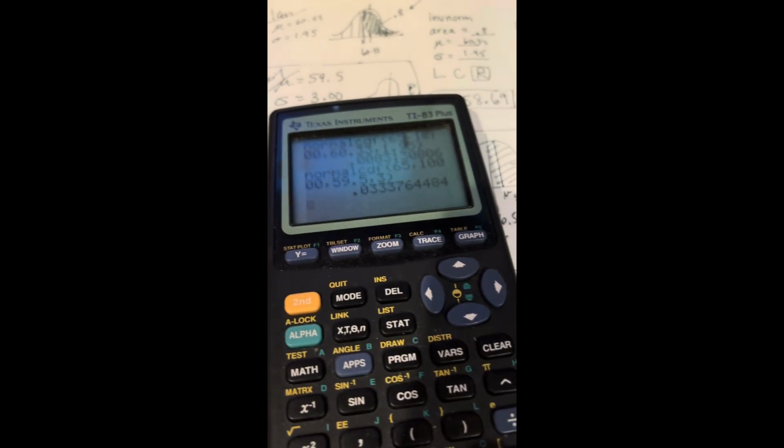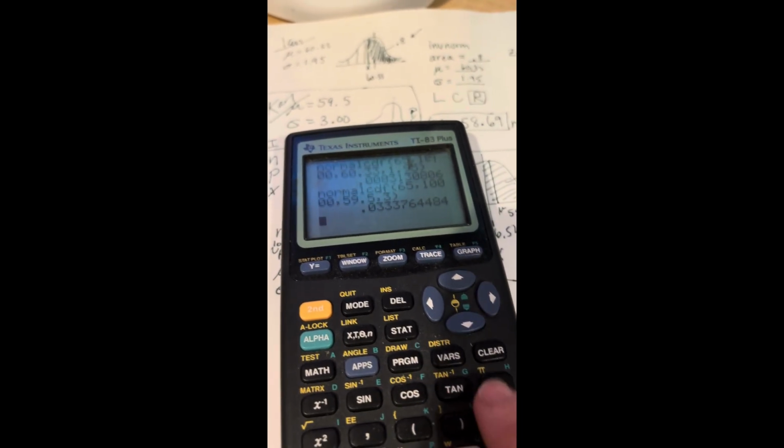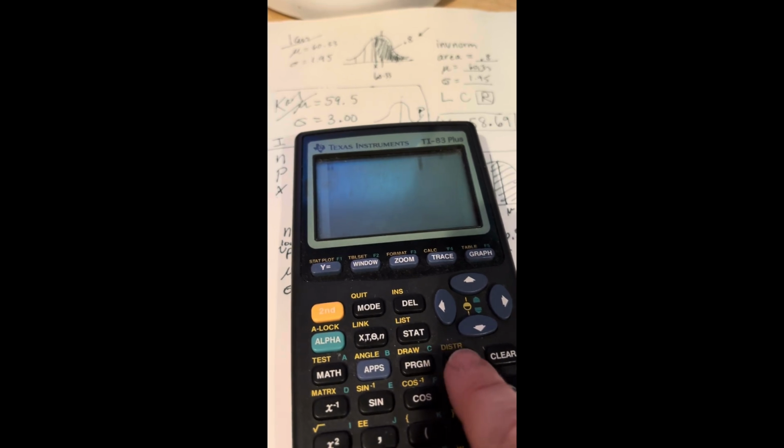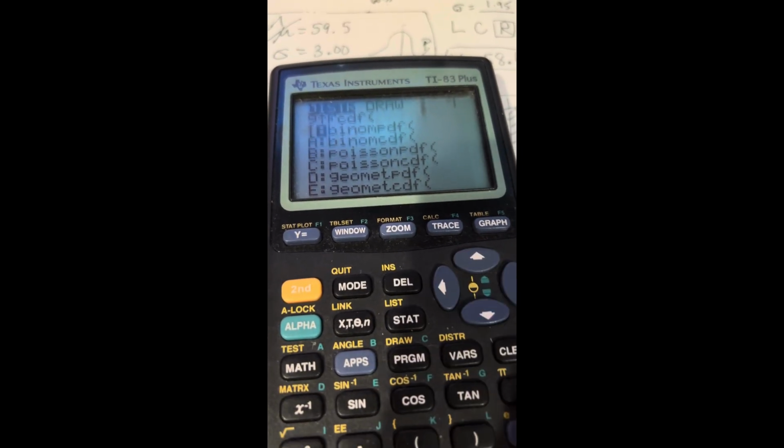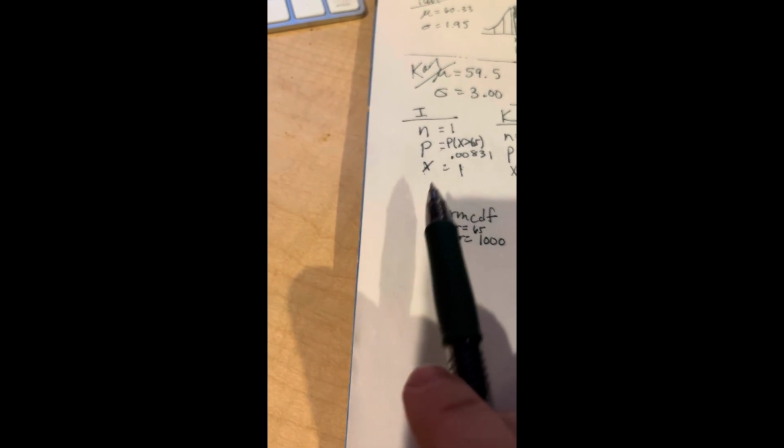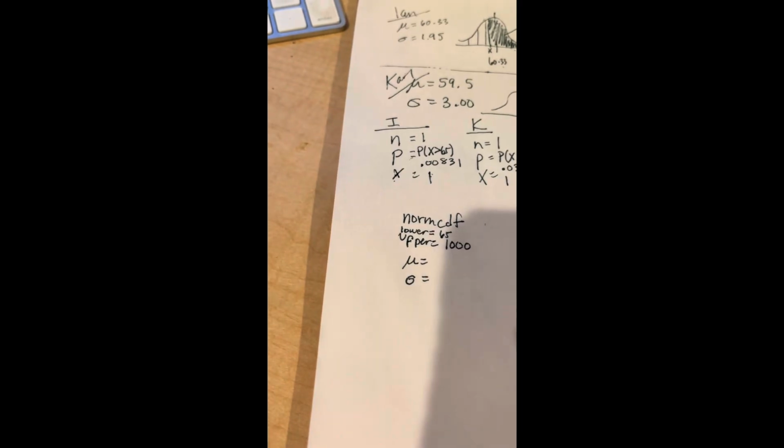How I can justify that is by doing a binomial distribution, binom PDF, where we're typing in our n, p, and x values.